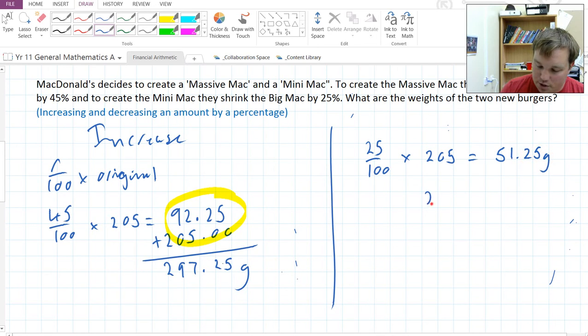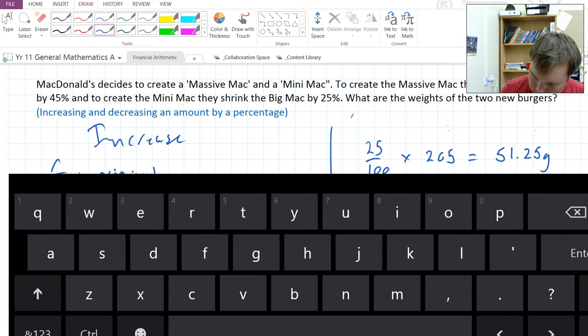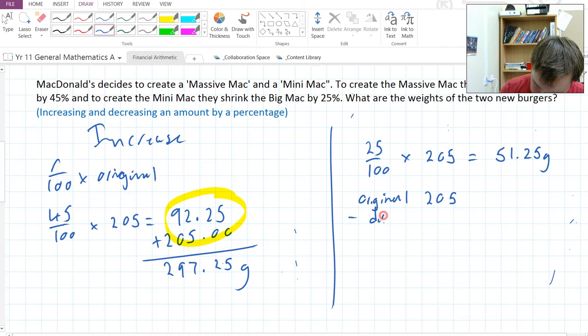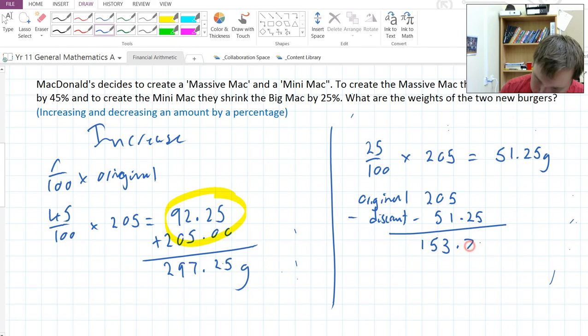Now we're going to take the original Big Mac, which is 205, and then take away the discount, the reduction, depends on the context of the question, but we'll call it different things. Take away our 51.25 grams, which is going to leave us, if I've done the maths right, with 153.75 grams.